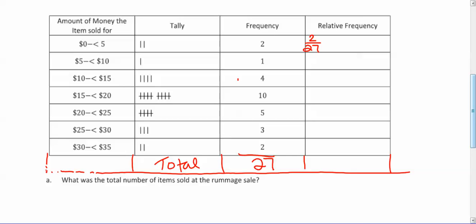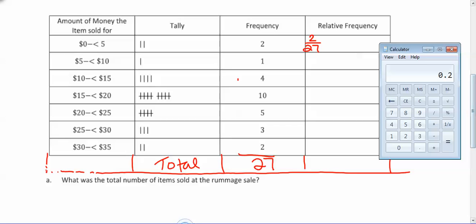All right, so what we're saying is a part-total ratio: 2 out of 27 items were sold for between 0 and less than $5. So we're going to go to our calculator and do this calculation, because why not? All right, so we're going to clear this out from our old problem. 2 divided by 27.